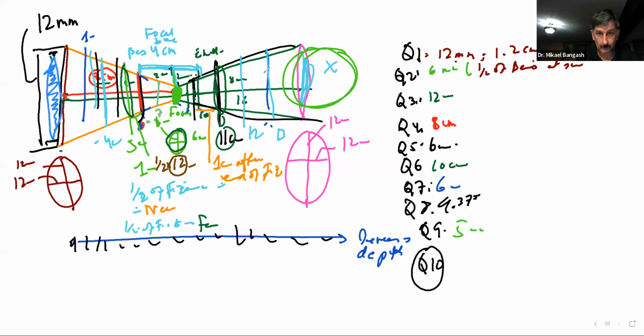It would have been a different case had it said beginning of Fraunhofer zone. Then that would also have been your focus. Because if this is your far zone, and I say beginning of far zone or beginning of Fraunhofer zone, that will still be your focus.